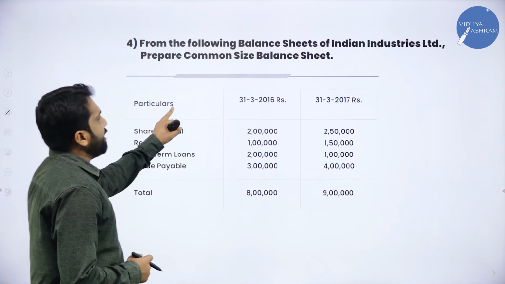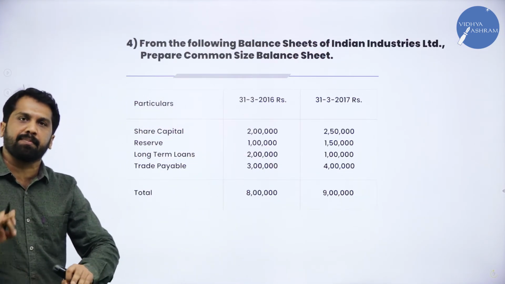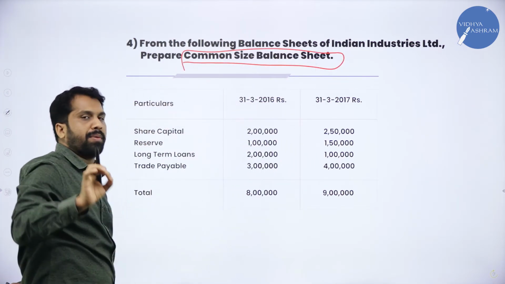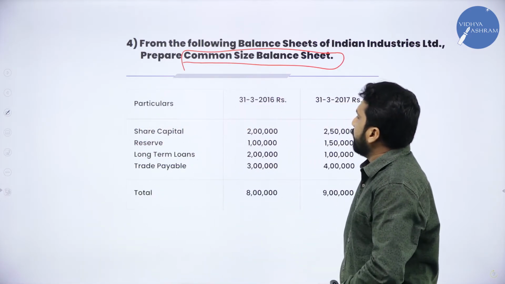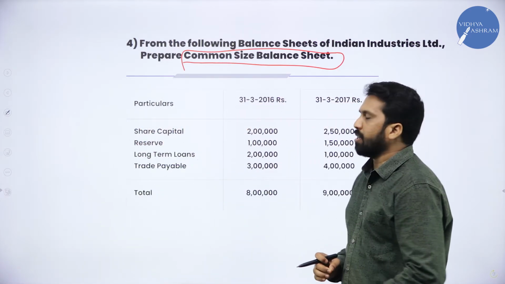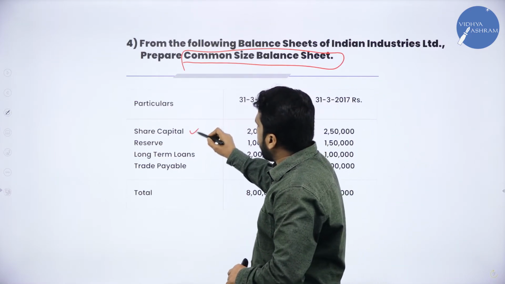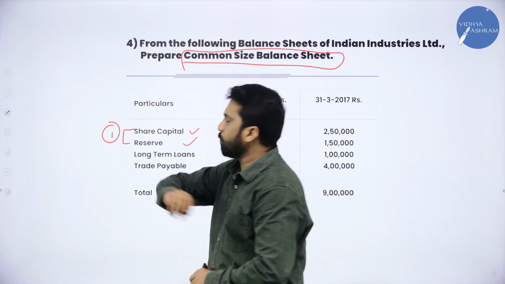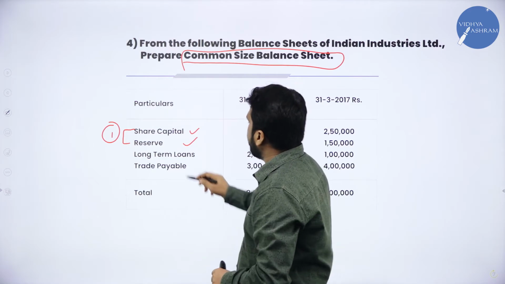Common size balance sheet. As I told you, every question will be the same, but they will mention whether you have to prepare common size or comparative. Now, in this, they have given a balance sheet. As I told you, how to classify: share capital and reserve and surplus, these two are considered one, because they are shareholders' fund.